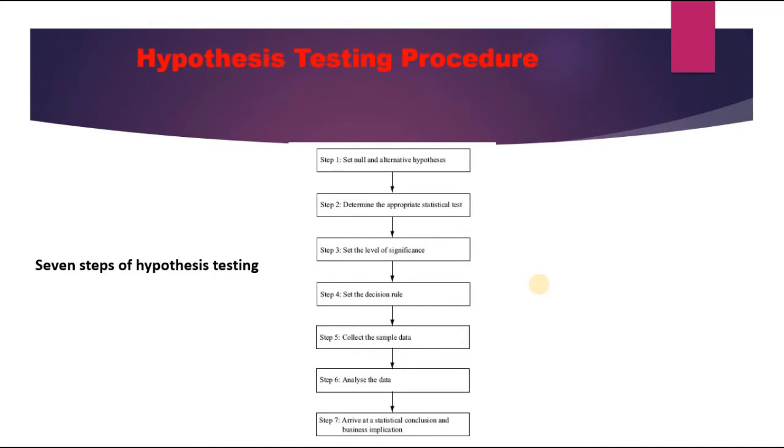You can pause the video and make a note of the steps, because I'm going to describe each and every step in great detail. I'm not going to read them out right now. Step one is to set the null and alternate hypotheses. The first step is to formulate the null hypothesis and the alternate hypothesis.